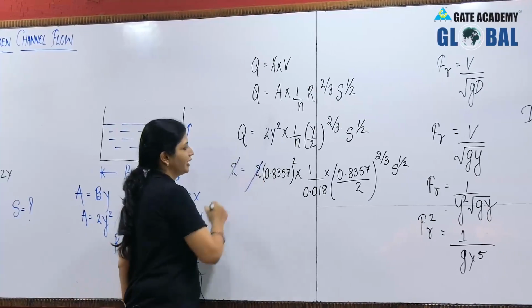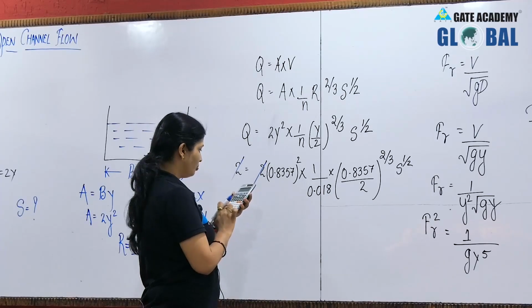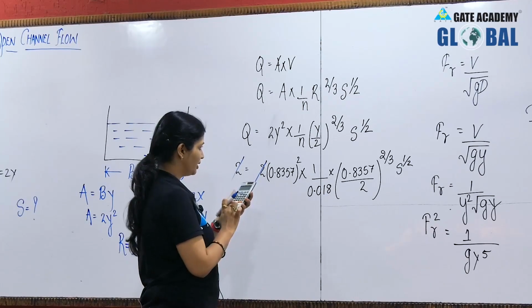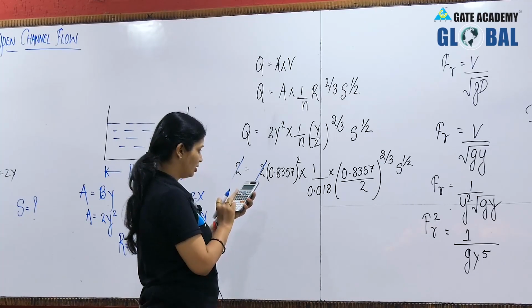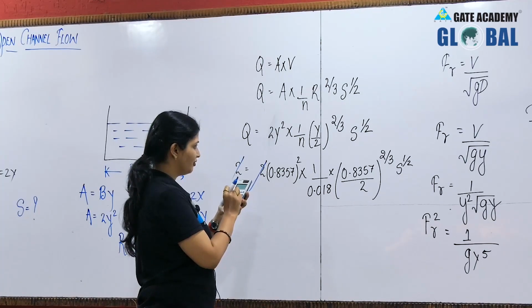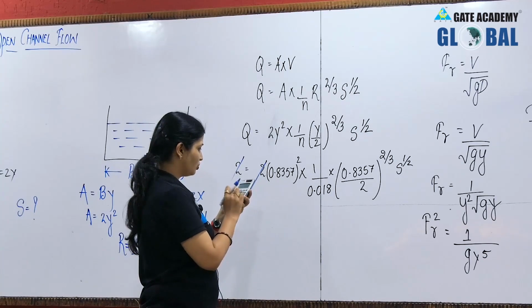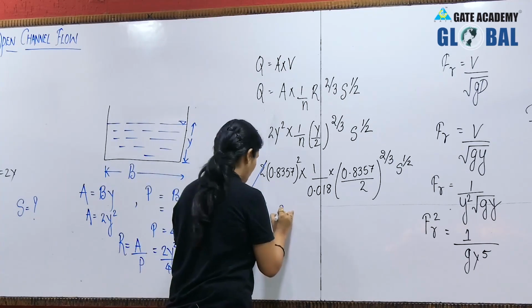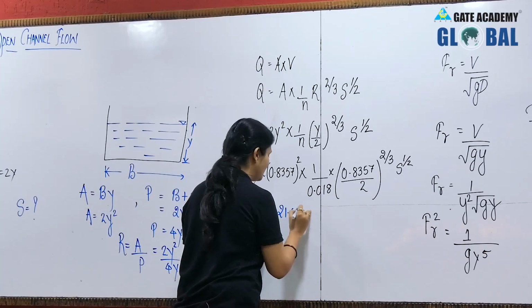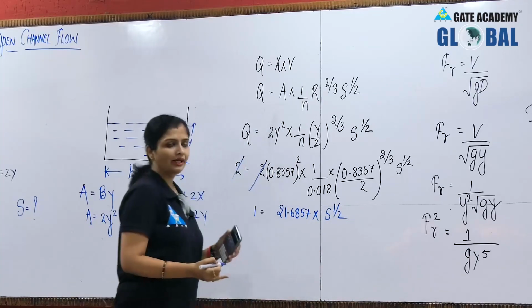First this 2 will get cancelled out. So now let us solve it. 0.8357 square into 1 divided by 0.018 into 0.8357 divided by 2 to the power 2 by 3. So from here you got the value as 21.6857 into s to the power 1 by 2.